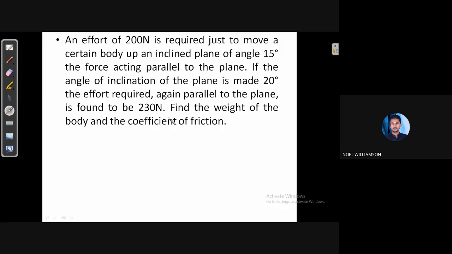And for the second case, the angle of inclination is 20 degree, and the force required is 230 Newton. Now we have to find the weight of the body W and coefficient of friction mu. Okay, so we'll see how we can solve the problem.